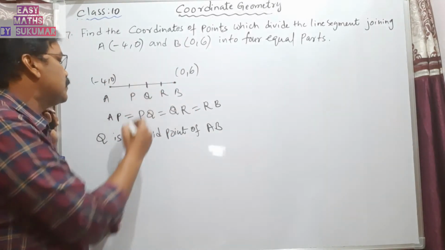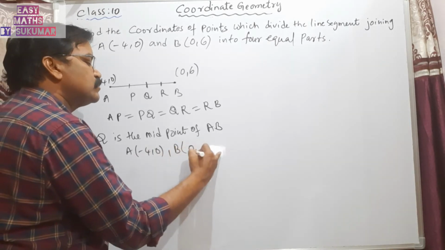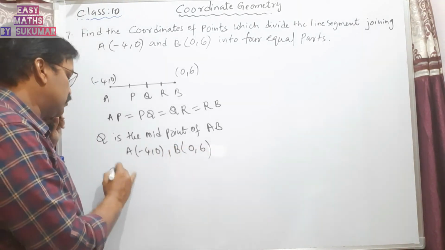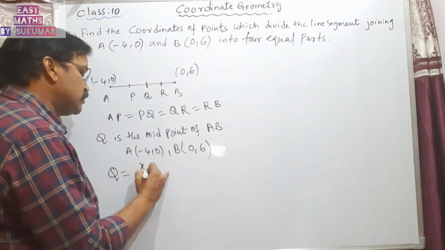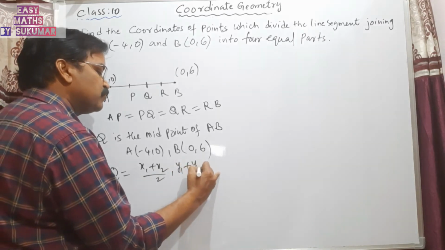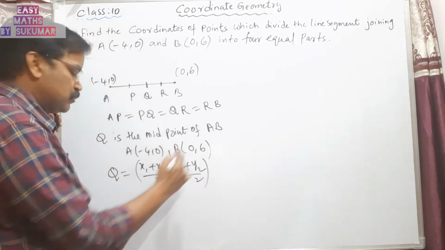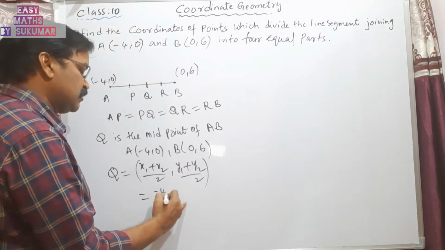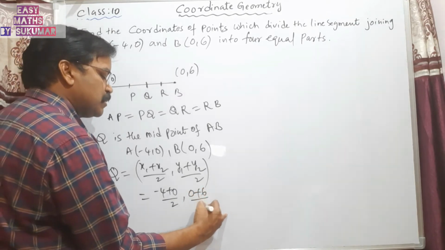So what is AB here? A is minus 4 comma 0 and B is 0 comma 6. So it is very easy to find the coordinates of Q. Q is x1 plus x2 by 2 comma y1 plus y2 by 2, that is minus 4 plus 0 by 2 comma 0 plus 6 by 2.